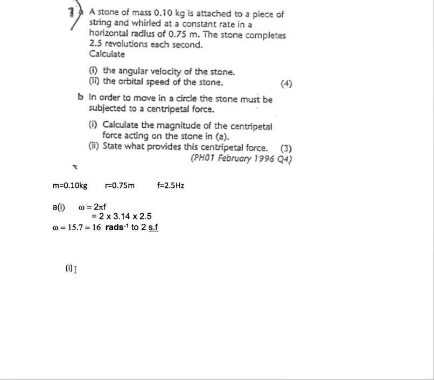So A2 then, we know that V equals R omega. That's going to be our connection between the linear speed, V, and the angular speed, omega.